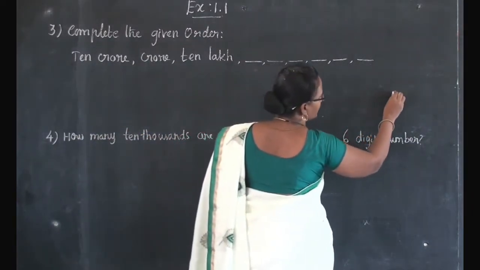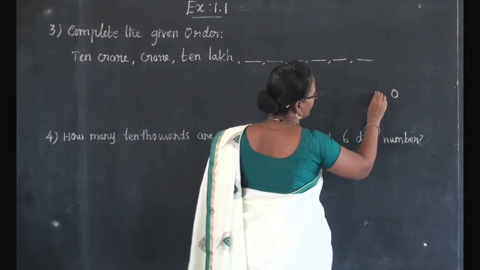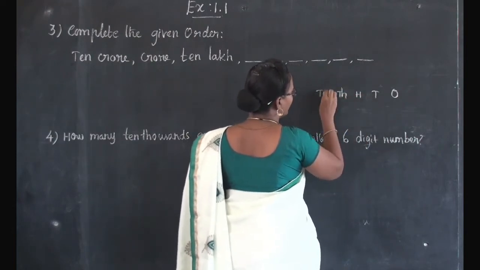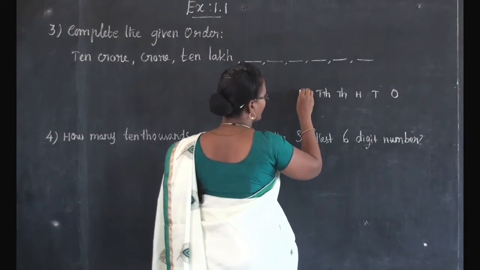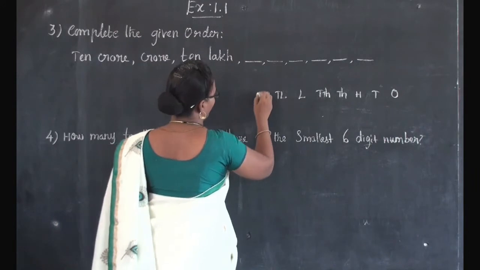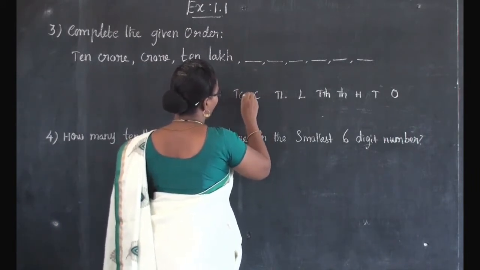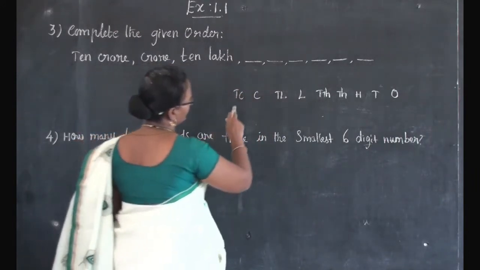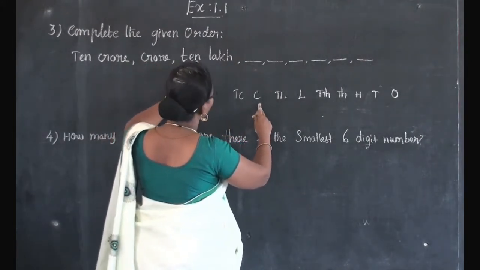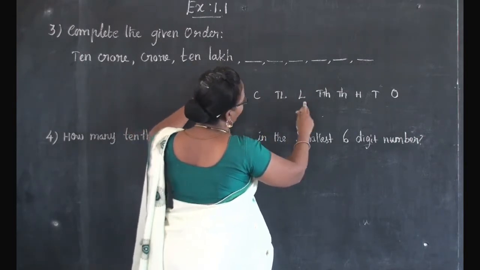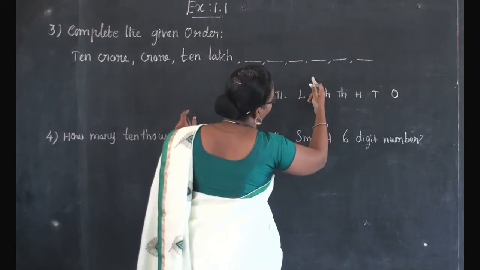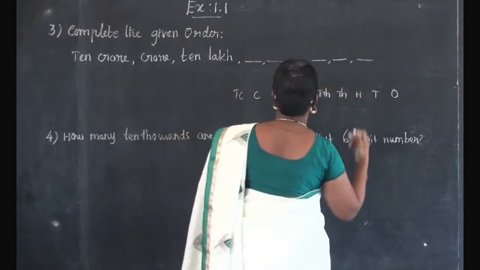Write the Indian system number places: ones, tens, hundreds, thousand, 10,000, lakh, 10 lakh, crore, 10 crore. So they have given 10 crores, then crore, then 10 lakhs. After that we write lakh, 10,000, thousand, hundreds, tens, ones.